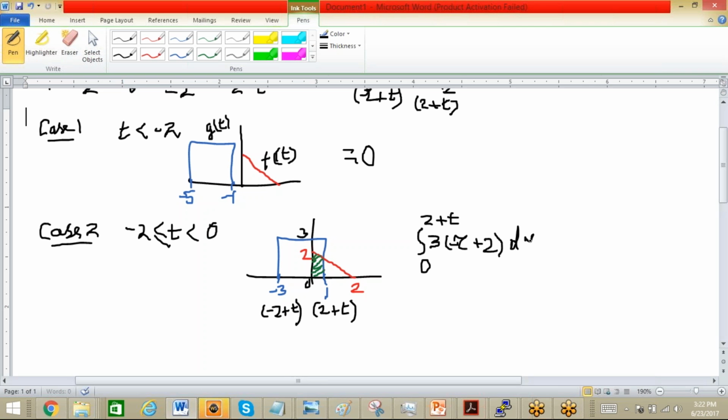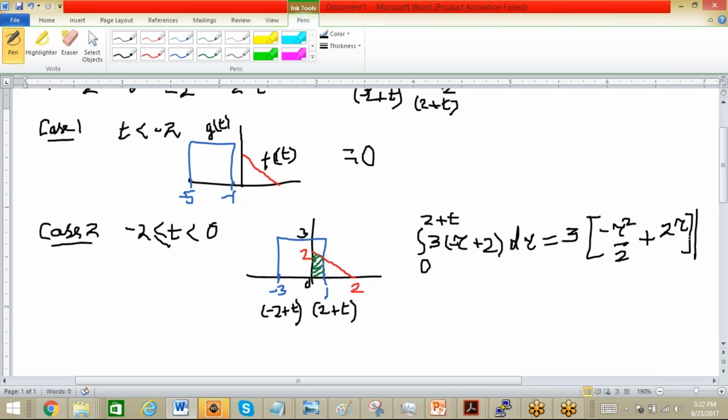Then what is the result of this? Again, this will be 3 into minus tau square by 2 plus 2 times tau.